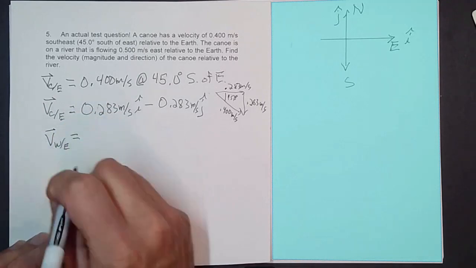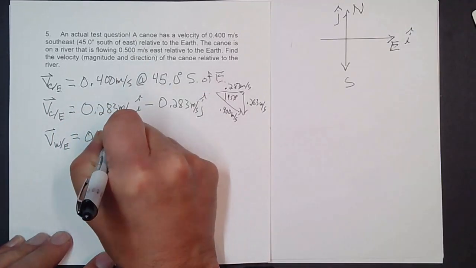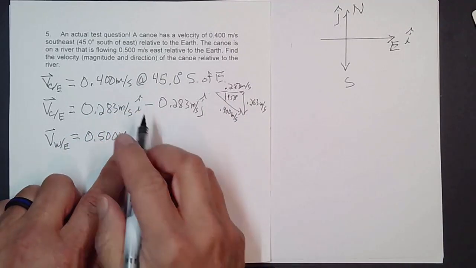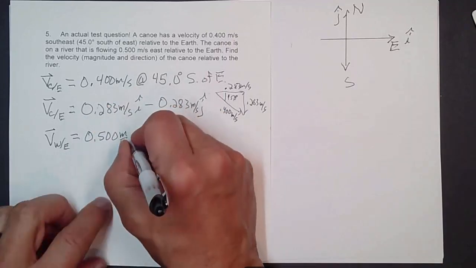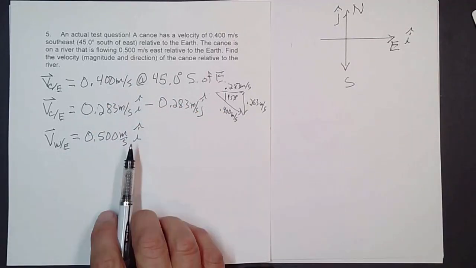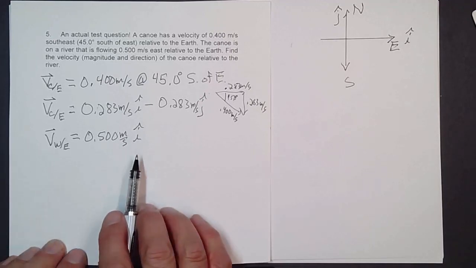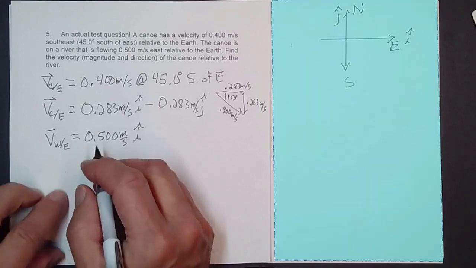They give me the magnitude of it, 0.500 meters per second, and they tell me that it's flowing due east, which in my coordinate system is the i hat direction. What do we usually have in these problems? I now know two of the vectors involved. The other one would be the velocity of the canoe relative to the river.